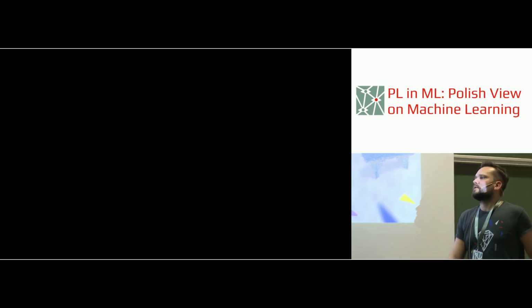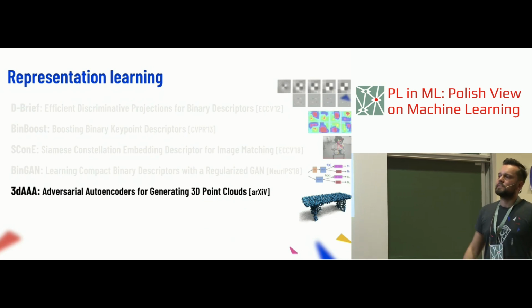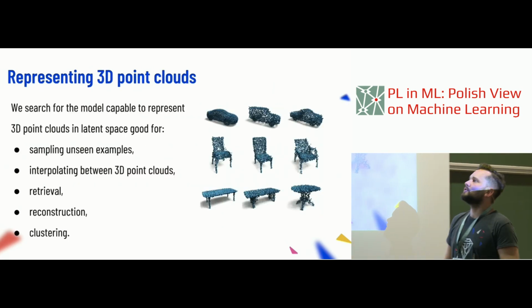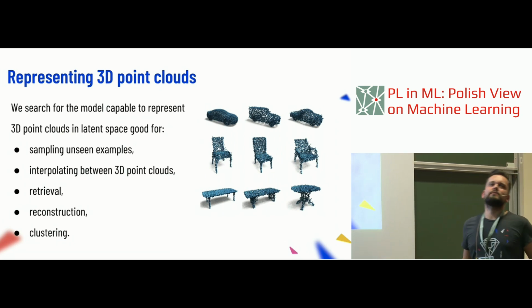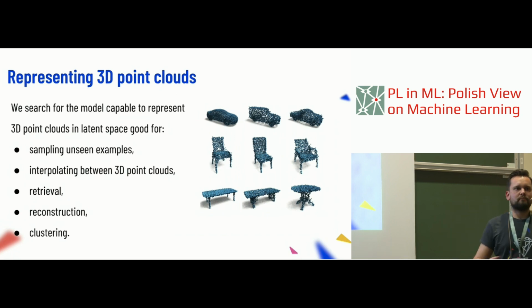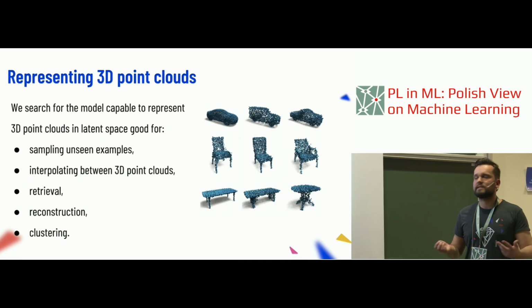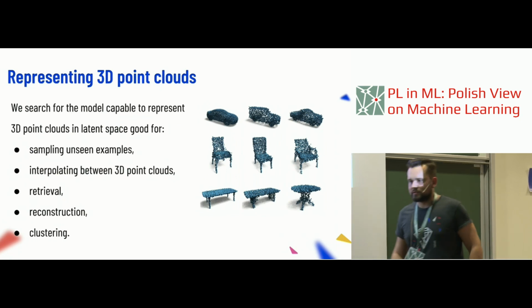And now we are going to present our recent work that is related to generating and encoding 3D point clouds. Our model aims at constructing an end-to-end autoencoder with a probabilistic latent space that will allow us to sample unseen examples, interpolate between examples, reconstruct images, or we can use this representation for clustering or classification purposes.